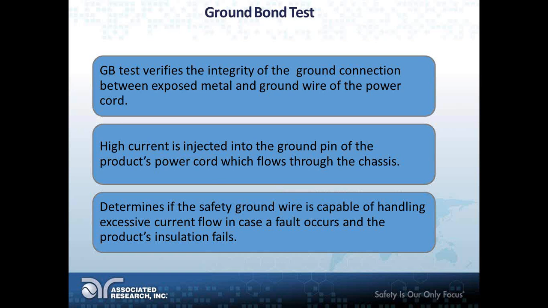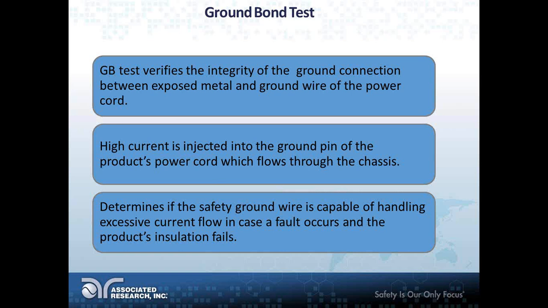This current usually is determined by the safety standard that you're trying to comply with, but usually it's twice the current rating of your product. That can change again based on the standard, and it determines if the safety ground wire is capable of handling excessive current flow in case a fault occurs and the product's insulation fails.